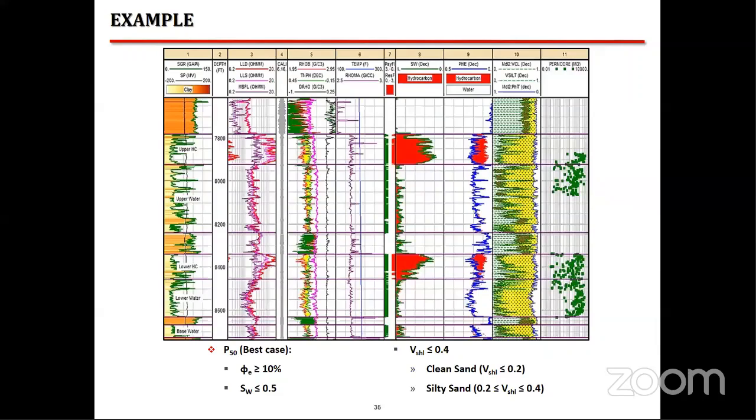Various cutoffs used are as follows. The V-shale cutoffs for a clean sand and a silty sand are given below, and the effective porosity cutoff being greater than 10% and saturation less than 5% for a P50, that is a best case reservoir summation scenario.